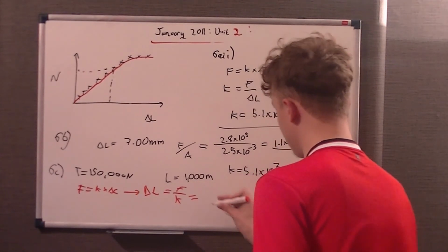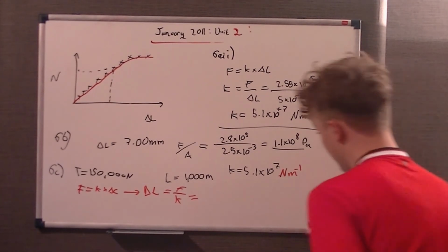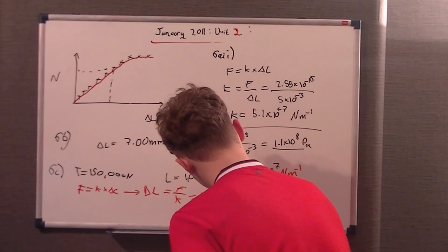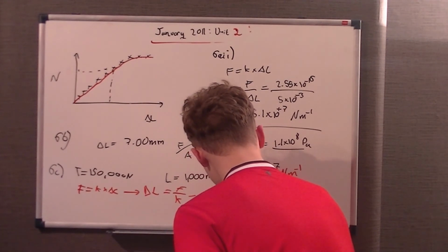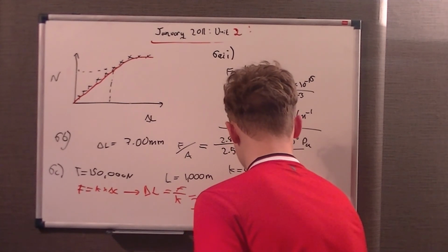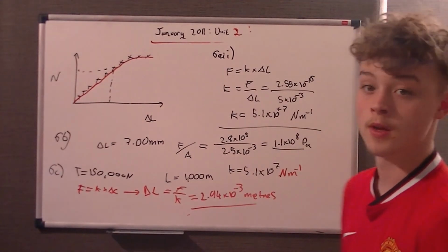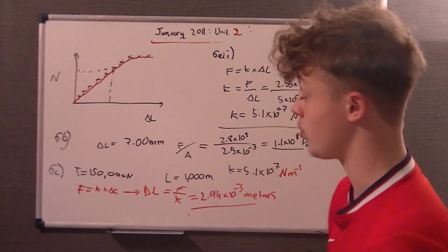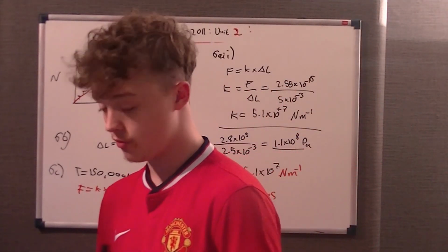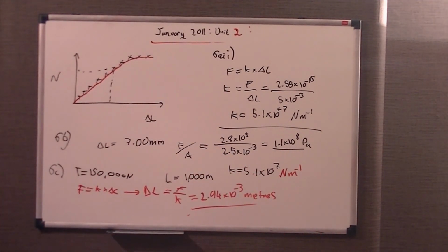That should get you 2.94 times 10 to the minus 3, and that's your metres. That's your extension. So that was really quick, trying to save time as I said before, so we'll see you in the next video. No banter this time, unfortunately.